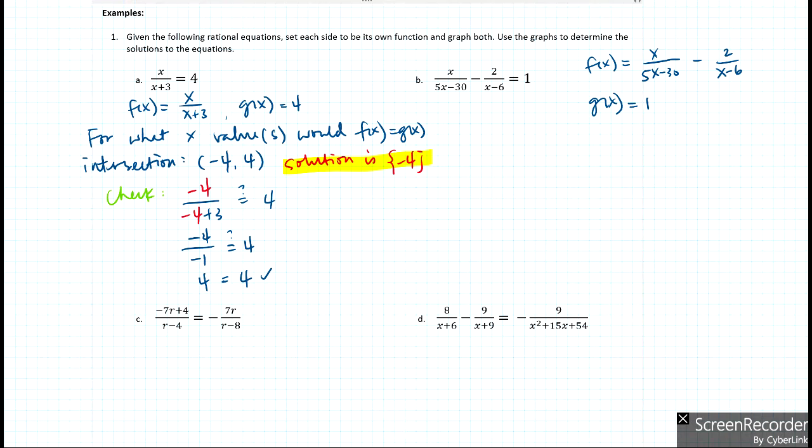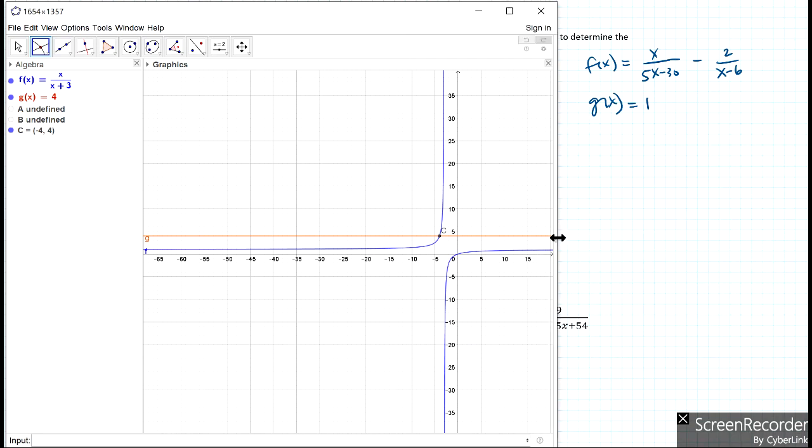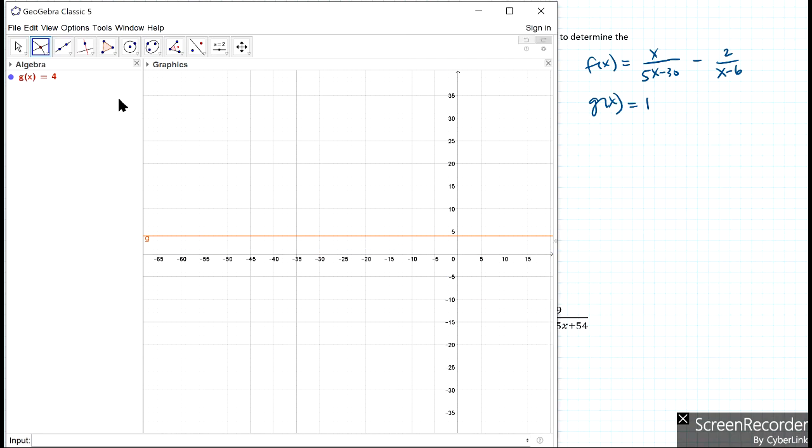So I'm going to use GeoGebra to plug this in. I'm going to delete everything we used earlier so that we can focus on the new graph. Here f of x is equal to x over 5x minus 30 subtracted by 2 over x minus 6.